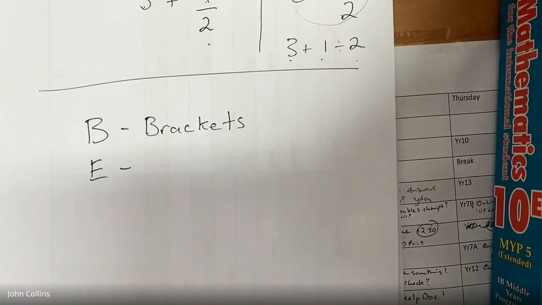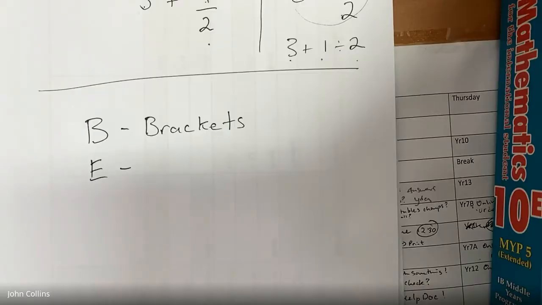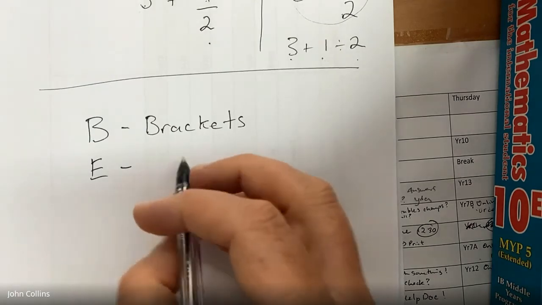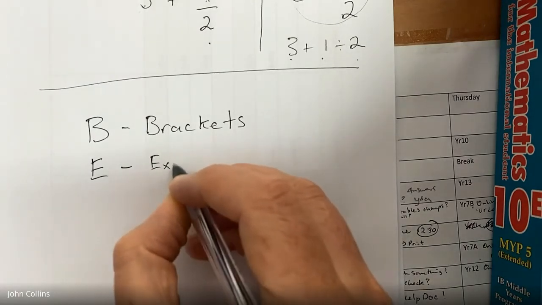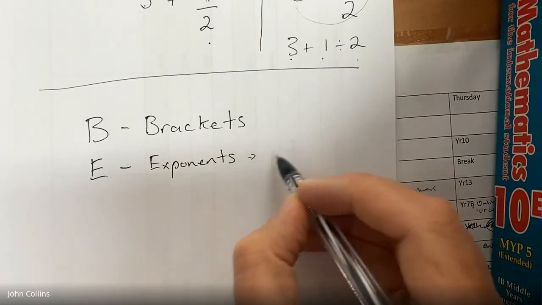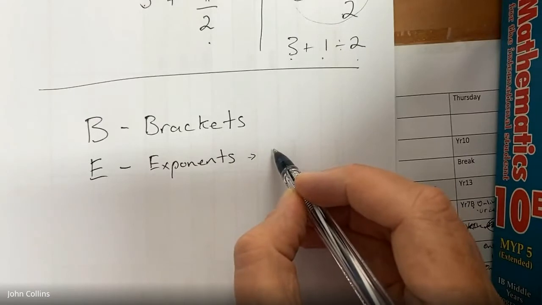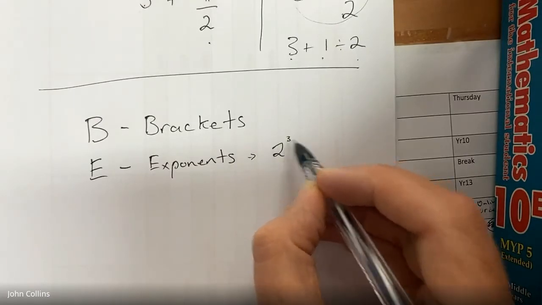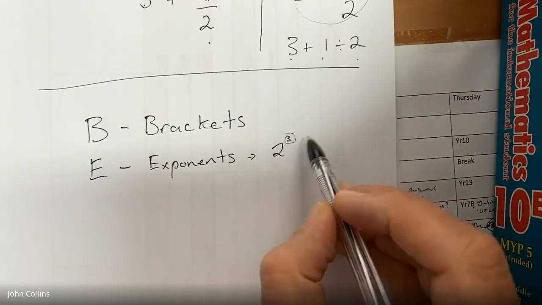Now, some people use BODMAS, and the O in that stands for of. Well, what does E stand for when I say BEDMAS? It stands for something called exponents. Now, exponents are, for example, if you think of 2 to the power of 3, that little 3 is an exponent.